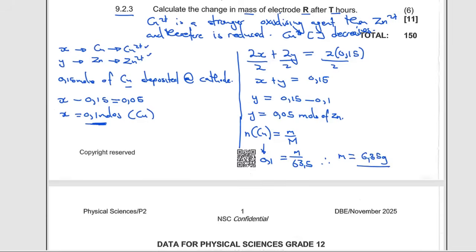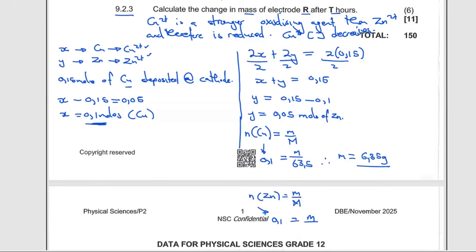Then to proceed, for the number of moles of our zinc, it is equivalent to m all over M, right? We already know the number of moles is 0.1, so 0.1 is equivalent to the mass all over the molar mass.